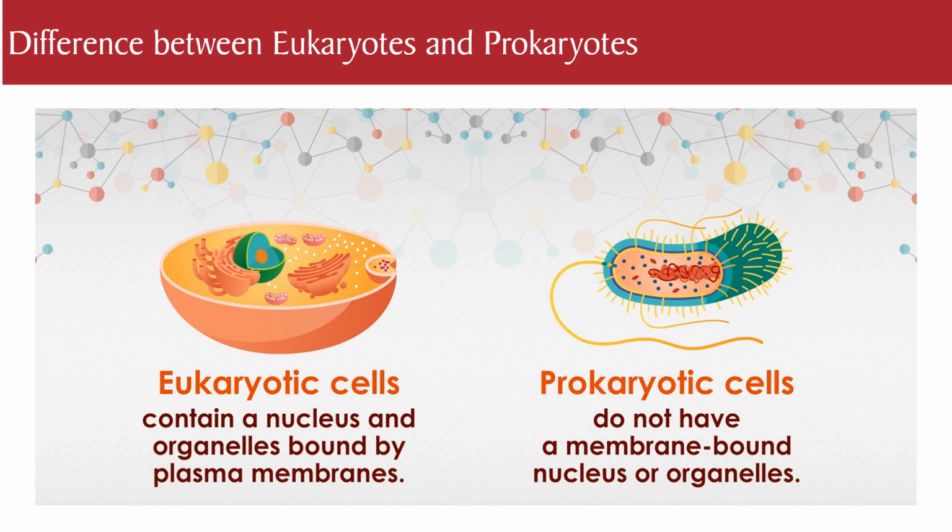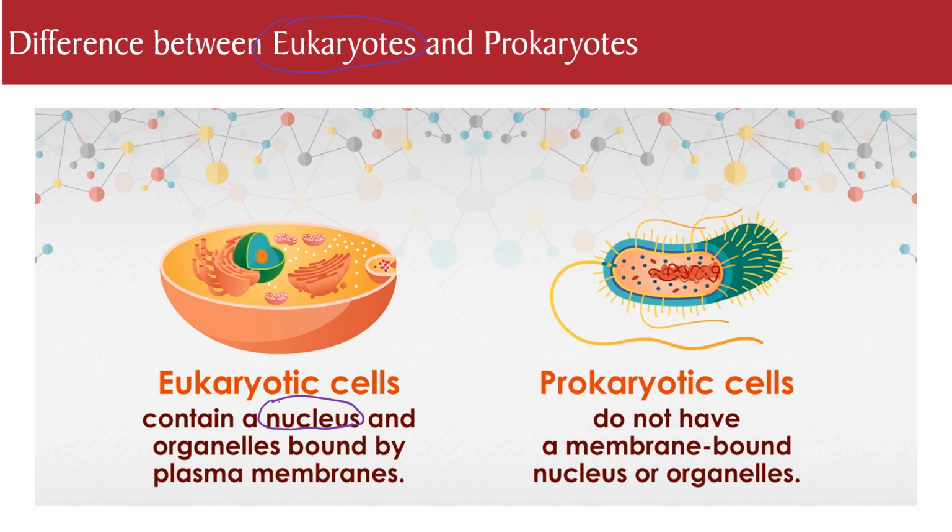We've talked about animal and plant cells, and we've talked about bacteria. Animal and plant cells are your eukaryotes. I think of it as you, as a human, being a eukaryote. What a eukaryote is, the main thing about it, is it contains a nucleus.